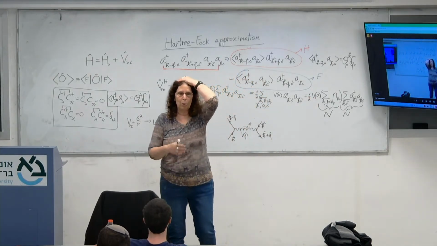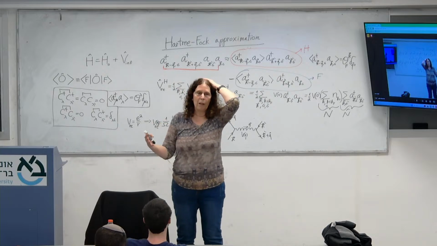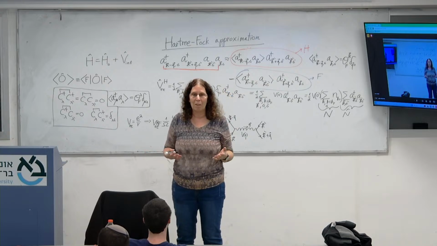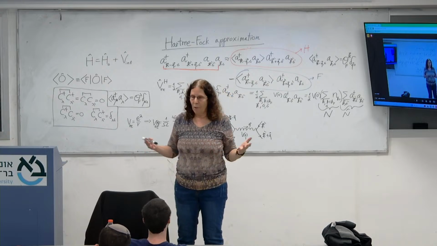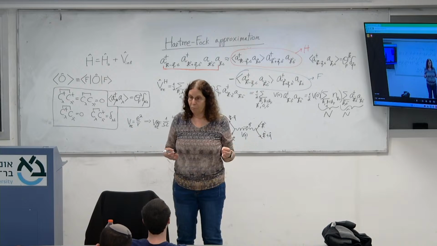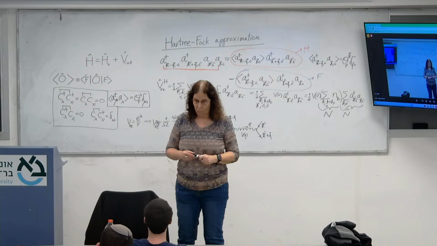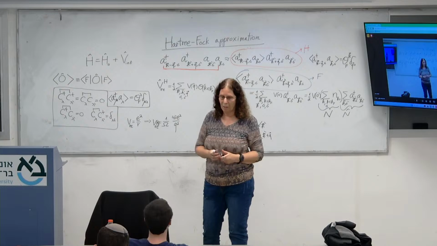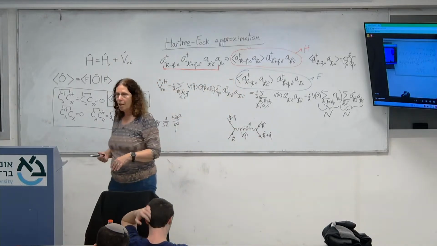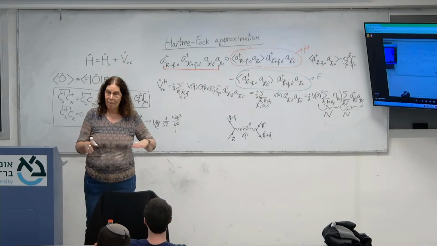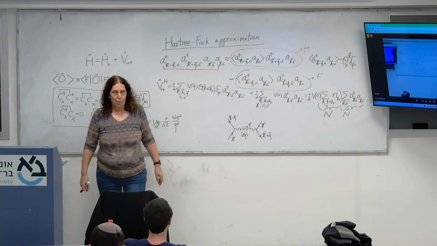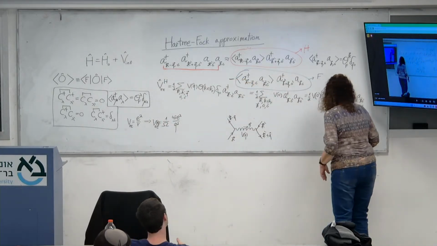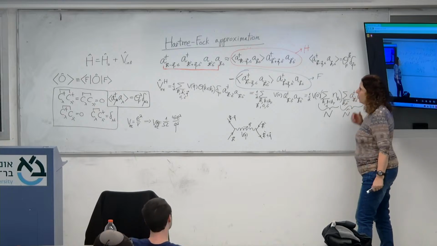When you have some potential that depends on space, what is the zero Fourier component? What does it describe? It's just an average, right? When you have some function in the Fourier series, V of 0 is just the average.